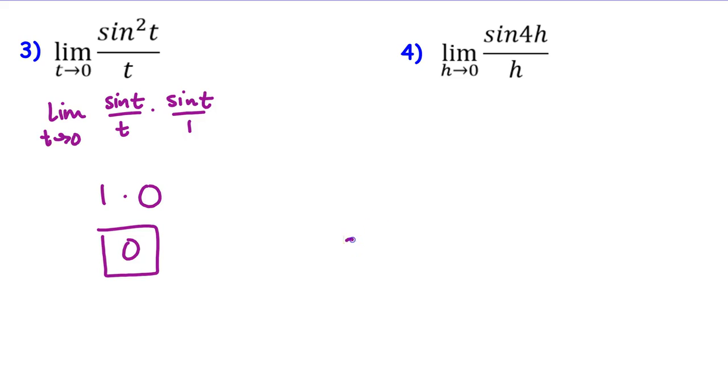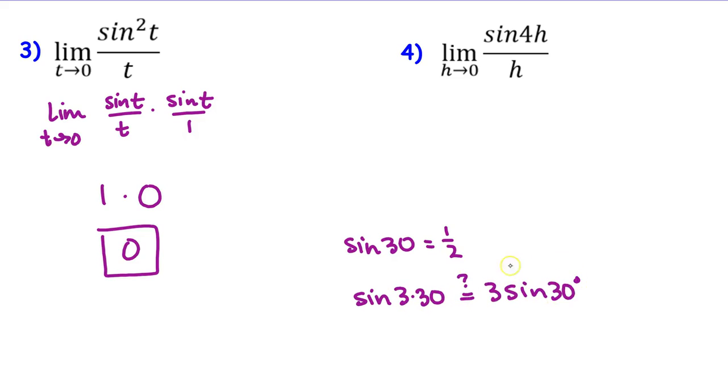Just like if you had the sine of 30, it's 1/2. What if you had the sine of 3 times 30? Would that be 3 times the sine of 30? Talking about 30 degrees here. Would that be true?